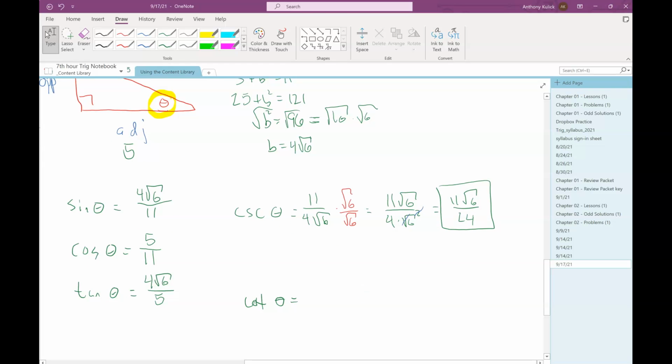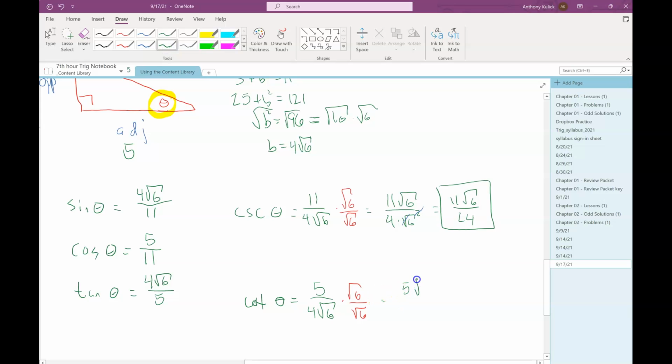And then the last one, cotangent, is the reciprocal of tangent, or you could think about it as adjacent over opposite. Again, I'm going to rationalize the denominator doing the same thing I did before. So just multiply the top and bottom by root 6. I guess I'll show it.